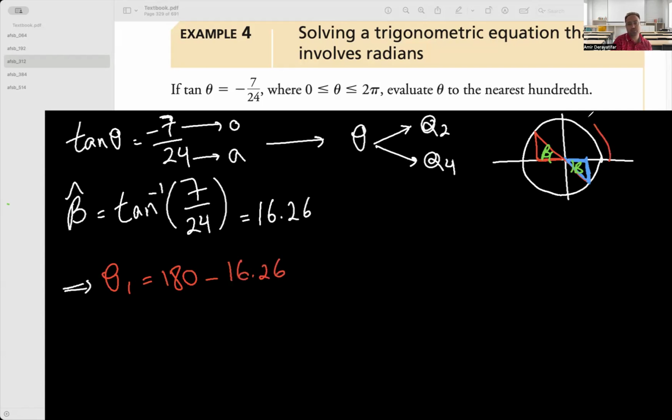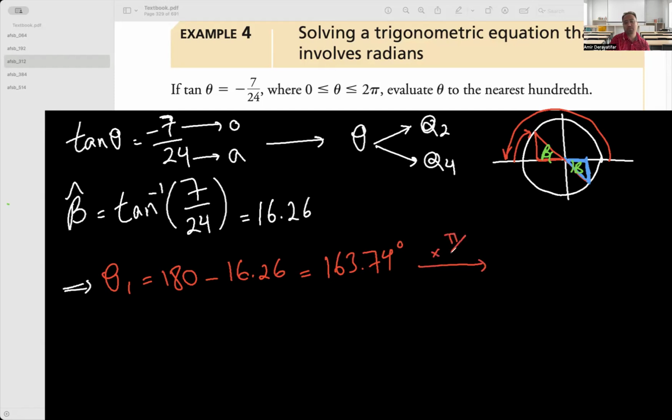You start from 0, go all the way to 180, then you go 16.26 backwards. So you go 180 degrees counterclockwise and then 16.26 clockwise. So that's going to be your first solution, which is 180 minus 16.26, that is 163.74 degrees.